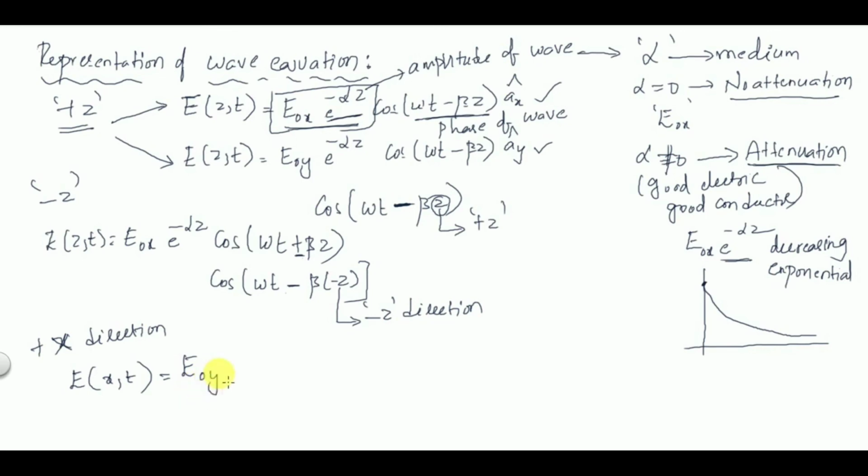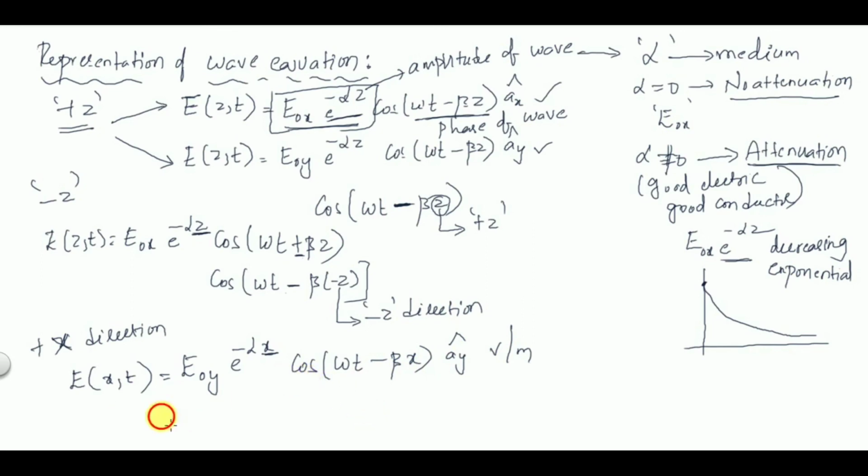Suppose you have the y component, E0y into e power minus alpha into x, because the direction is now x. So cos of, now tell me, omega t minus beta x will come. Since it is the y component, you will have a y cap, volt per meter.